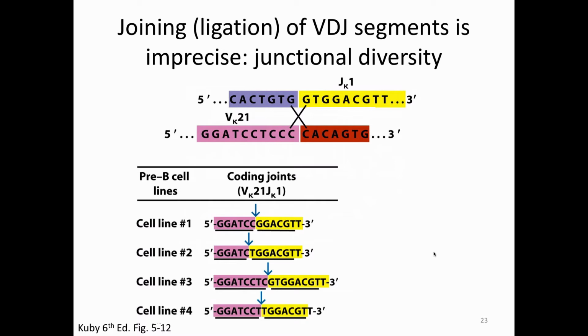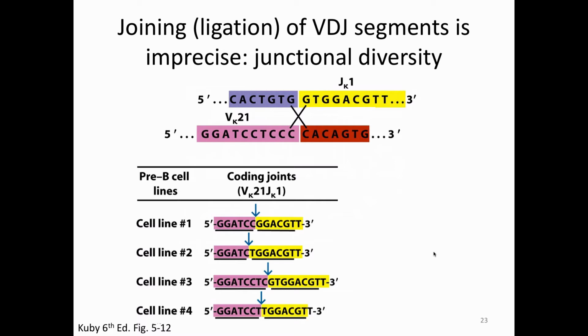When we put them together, it's not precise. We can add and subtract base pairs. And so in fact, if 4 different developing B cells all picked V kappa 21 and J kappa 1, they could still end up with 4 different antibody specificities because they might add or subtract different numbers of base pairs when they do that joining.